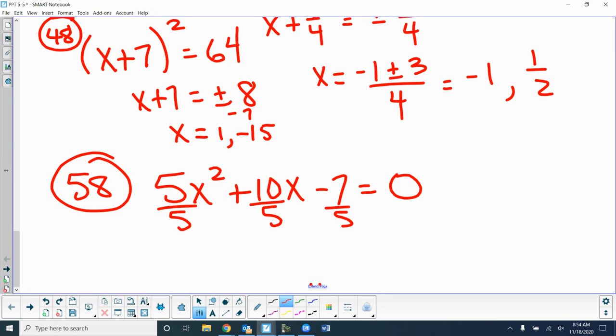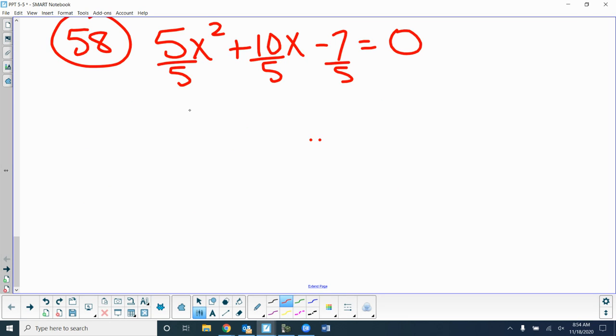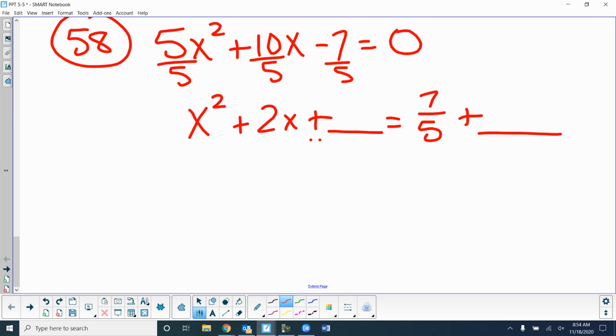All right, because remember, to complete the square, you have to have a 1 for your A value, right? Take the 7/5 over, so I added it because it was minus 7/5. What's half of 2? 1. What's 1 squared? 1, right? So it's x plus 1 squared when I factor it.